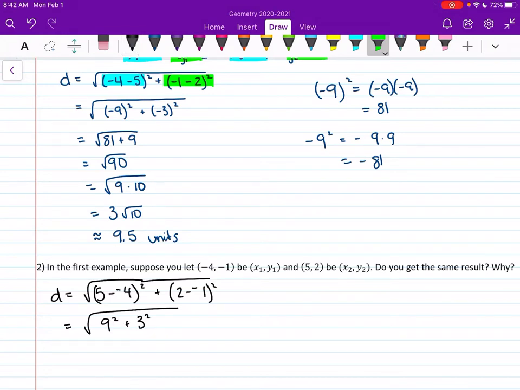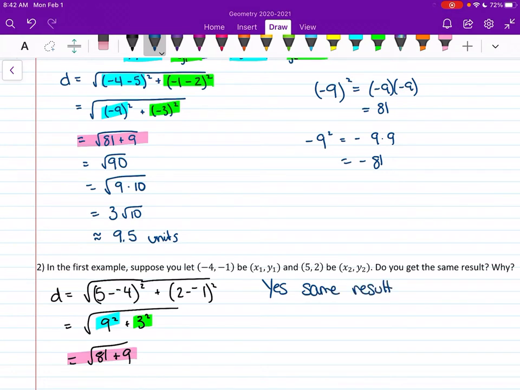Well, 9 squared and 3 squared are the same as -9 squared and -3 squared, so I would still end up with this same step right here where I have square root of 81 plus 9. So the answer is yes, I get the same result.